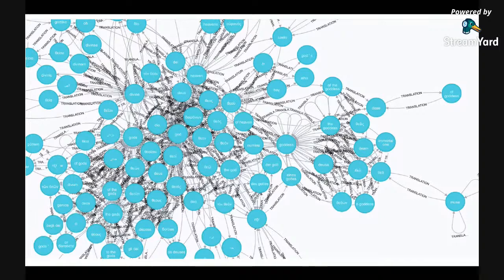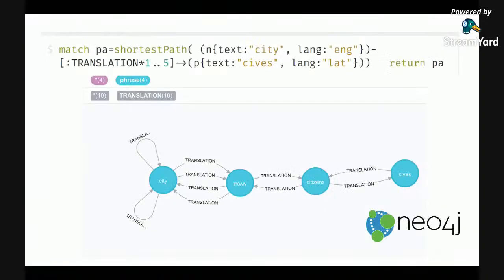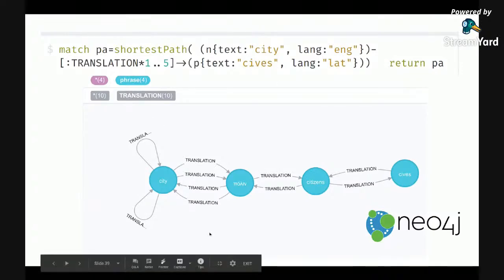I've been using a Neo4j graph database, which is working very well with this structure. I can very easily run a query in a very simple way, like here, match p equals shortestPath, which gives me the shortest path between the word city in English and the word civis in Latin. As you can see here, I started with city.